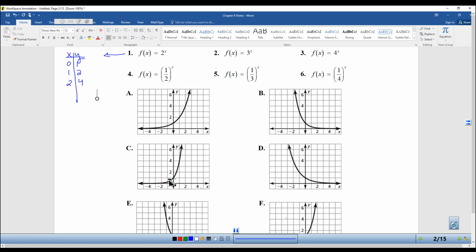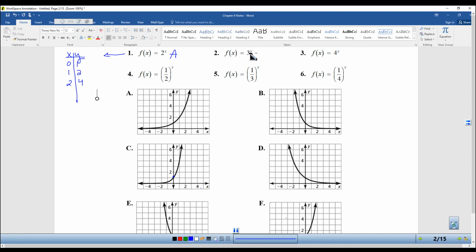And then I'm going to look for those specific points. This one has 0, 1, and then at 1, it's already up to 5, so that's not it. And then 1, 2, this is promising, 2, 4, this is it. It's A.